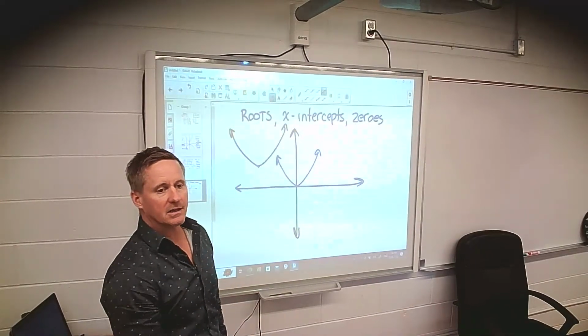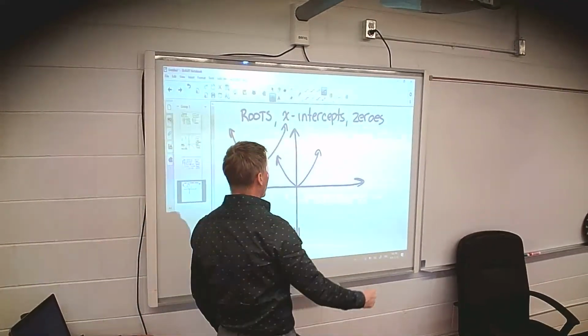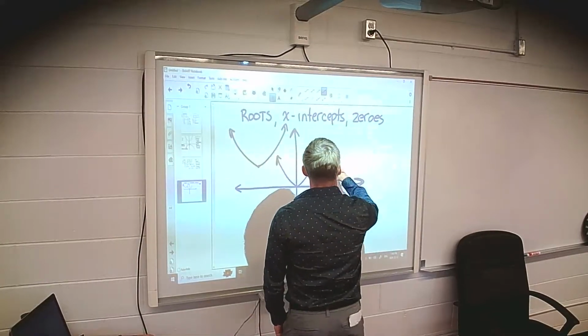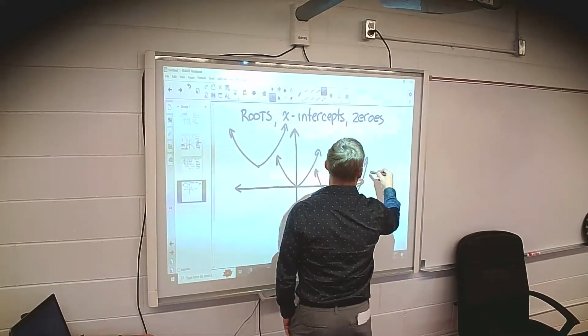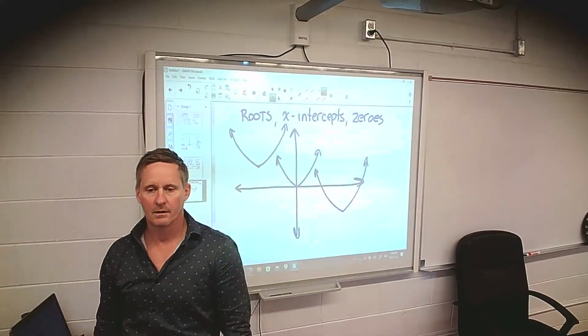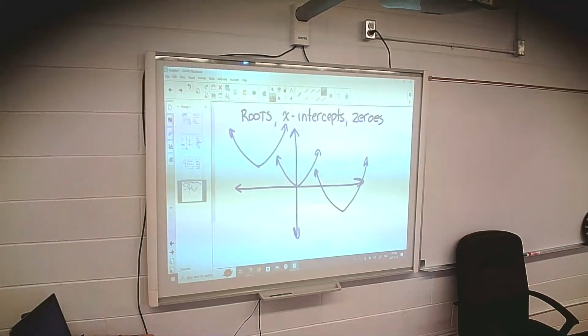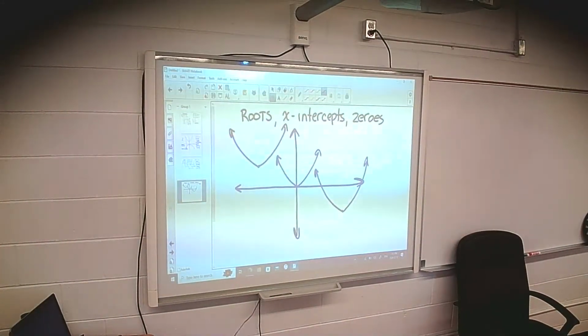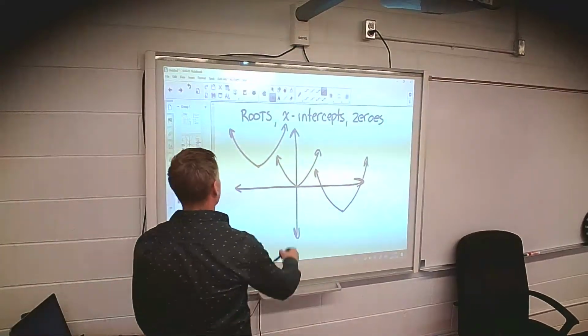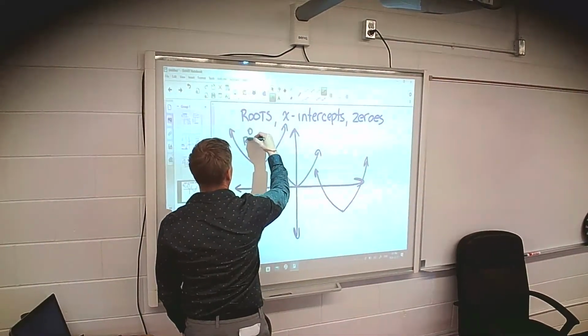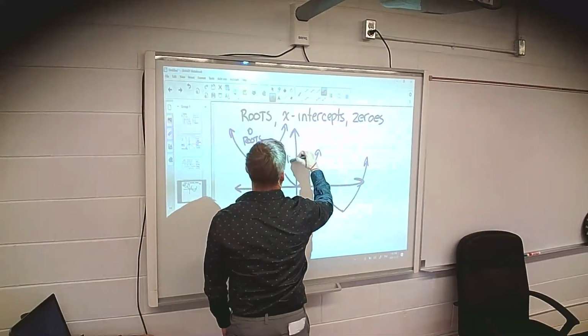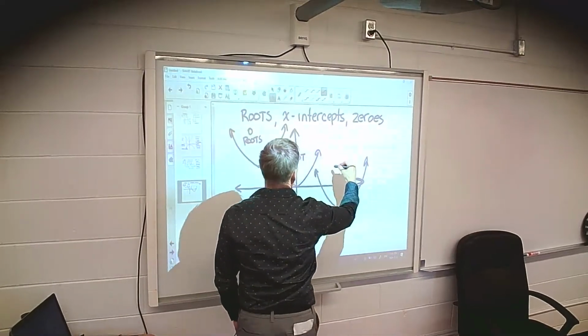And then there's a possibility of 2 roots, if your vertex is below the x-axis and it opens up, or if it's above the x-axis and it opens down. So you have 3 possibilities for roots: 0 roots, 1 root, 2 roots.